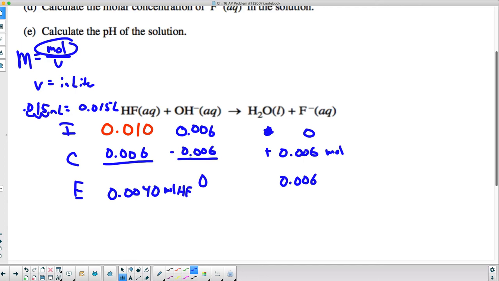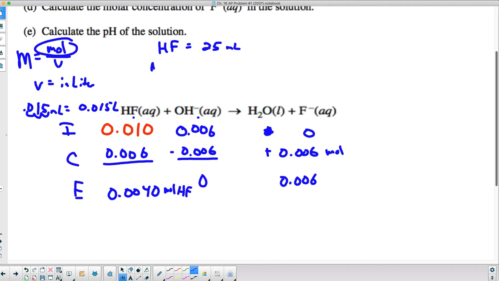Okay, so here's my problem. Now that I have this figured out, notice that for both of those, finding the number of moles for this one and for this one, I have a volume. For HF, the volume was 25 milliliters.